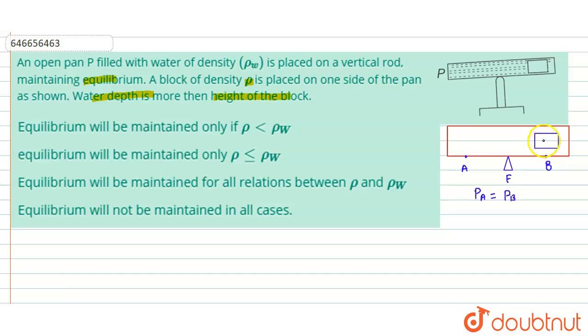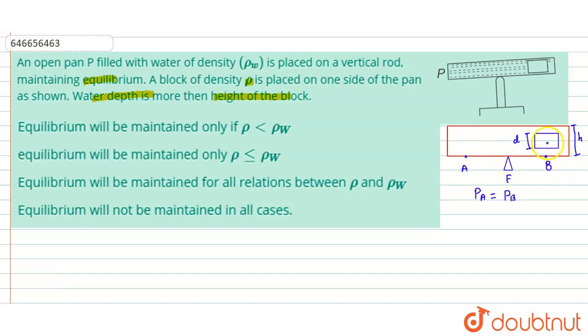Now let us try to see how this can be maintained. Let us say that the total depth of the water filled here is small h, and let us say that the depth here is d. The pressure at A will equal the pressure at B if this block is not touching the point B. Why?